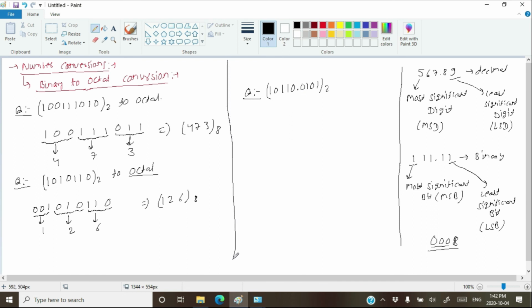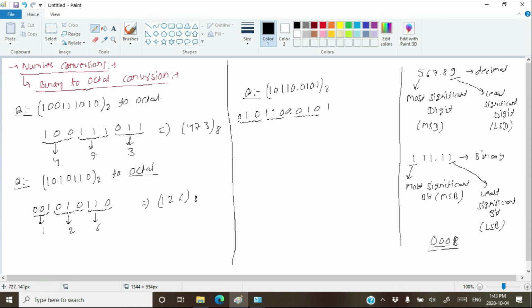To do that, just write it 10110.0101. Now group 3 bits of the non-fractional part from right to left. That means one group, another group, and add extra 0 to make this group size 3 bits. Again in the fractional part, collect the numbers from left to right to take them in groups.